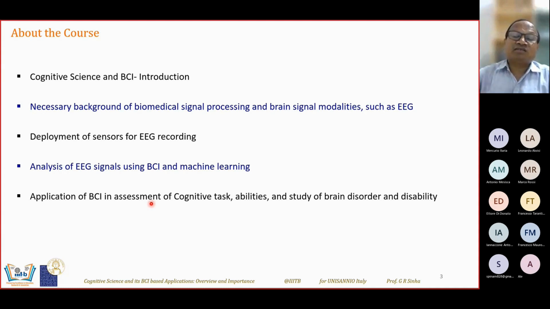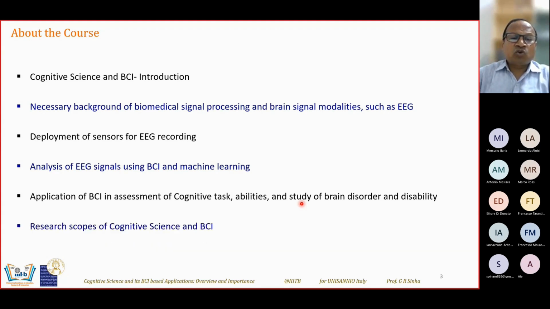Hundreds of applications are there, but we will highlight particularly cognitive ability, how the cognitive ability of a person is controlled or affected by BCI abilities, the study of brain for disorders and disabilities. We will also study rehabilitation, robotic control, and robotic based manufacturing, how BCI is useful and utilized. We will try to understand.